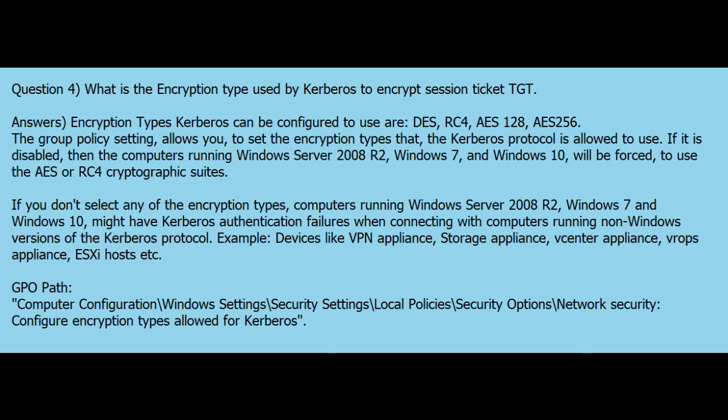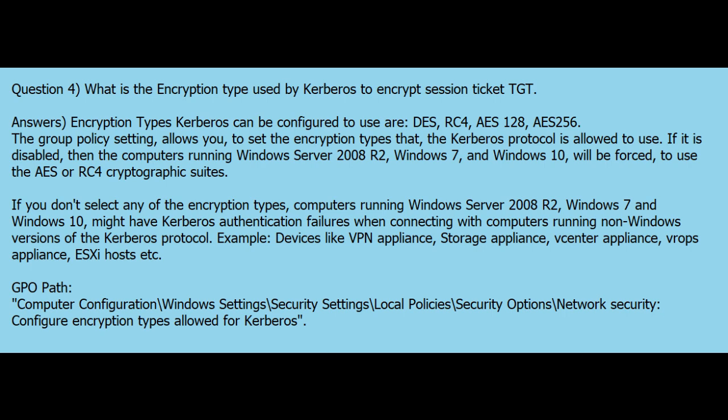Answer. Encryption types Kerberos can be configured to use are DES, RC4, AES-128, AES-256. The group policy setting allows you to set the encryption types that the Kerberos protocol is allowed to use.